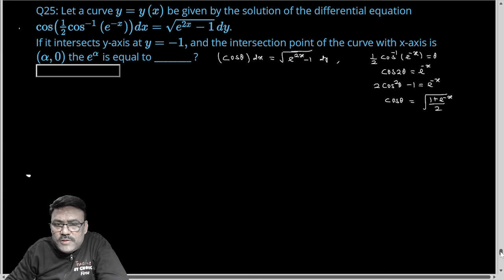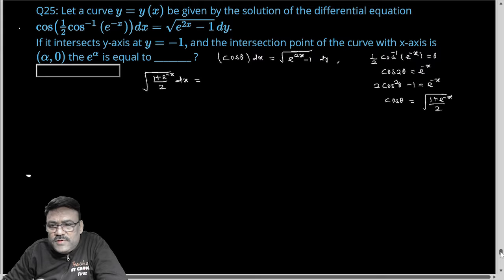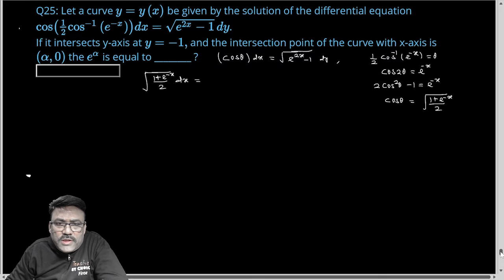Now just substitute the value of cos theta here. So on the left it is under root of (1 plus e raised to minus x) by 2 dx, and on the right side, I have e raised to under root of e raised to 2x minus 1 dy.